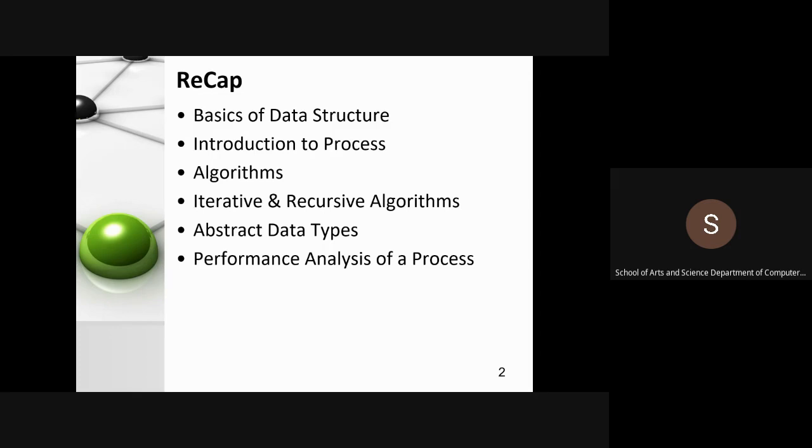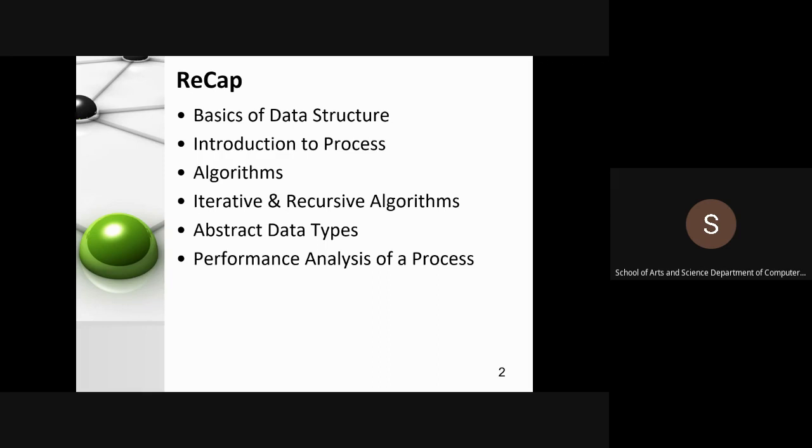Then regarding data, how the data is orderly executed by a computer. So these two things, the way of writing a process and the way of ordering the data on a computer, are carried out by means of which one? The field data structure.